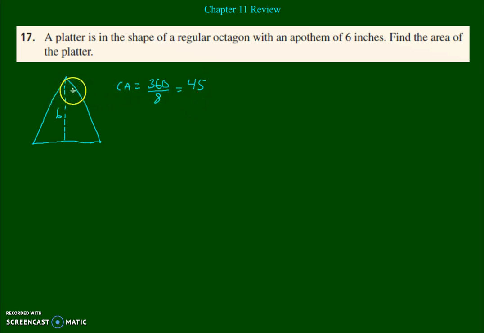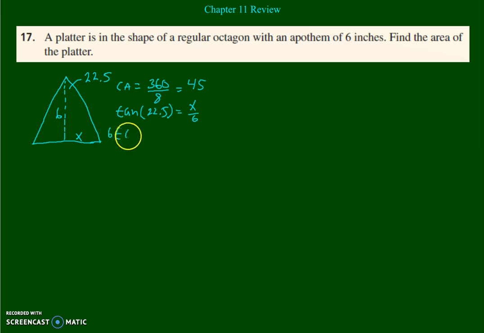Each one of these angles here is half of 45, which is going to be 22.5. Since I have a 6 here, I can find this x value by using tangent, opposite over adjacent. Tan of 22.5 equals x over 6.